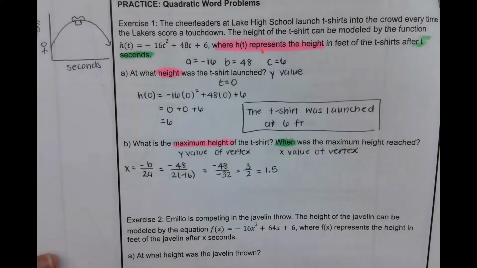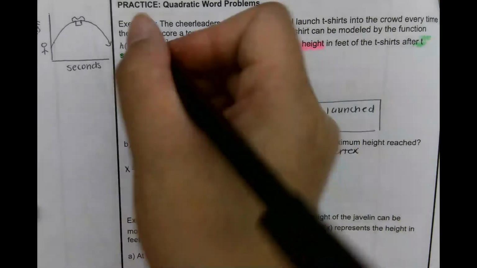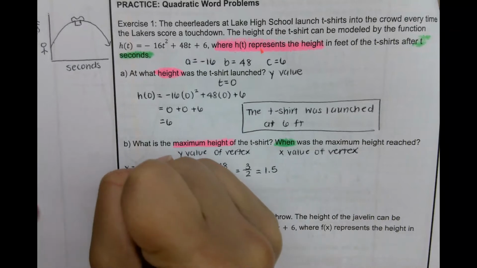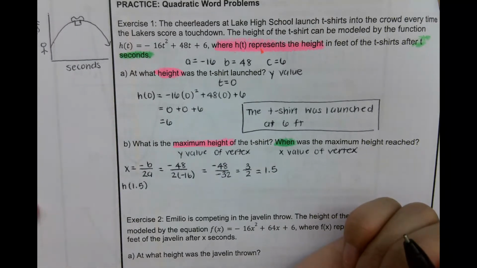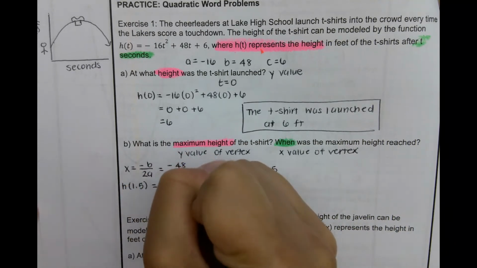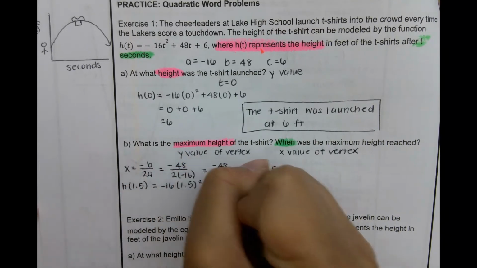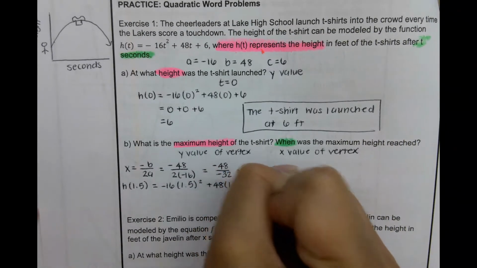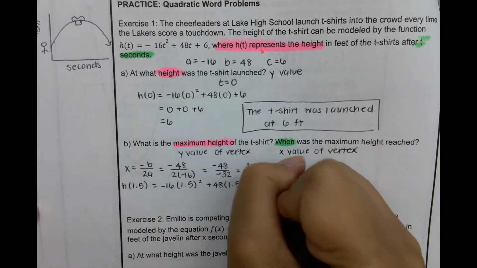Then, this is the x value of the vertex. To find the y value of the vertex, all I need to do is plug it in. So I want the height at 1.5 seconds. Plugging it in: negative 16 times 1.5 squared plus 48 times 1.5 plus 6.